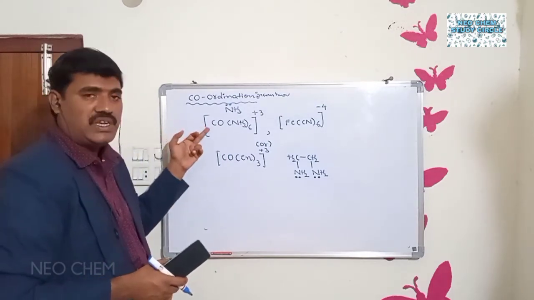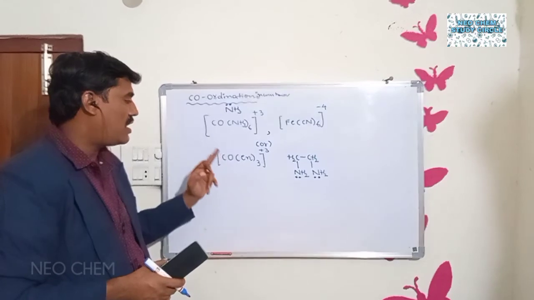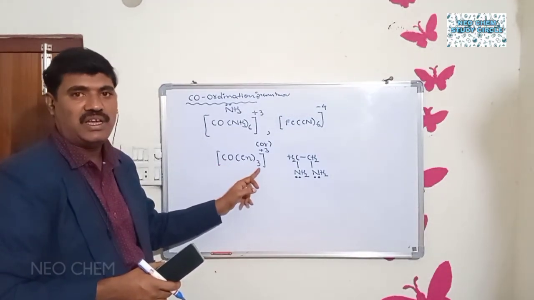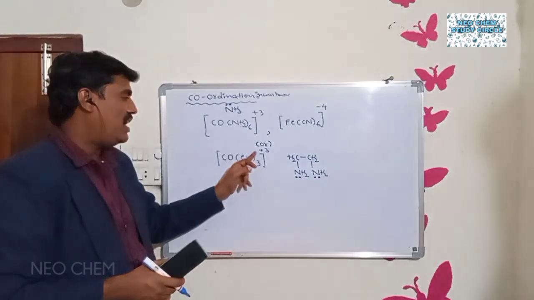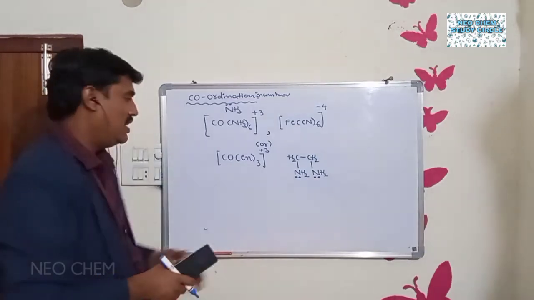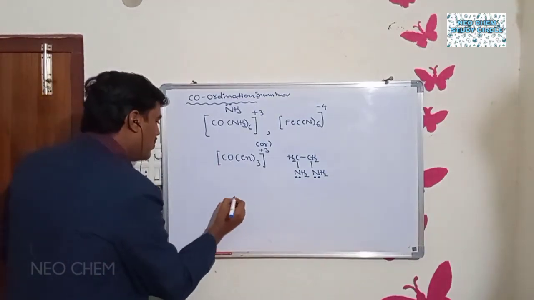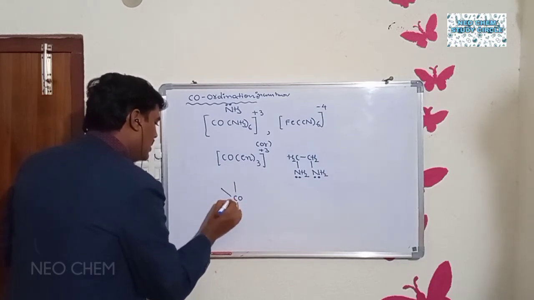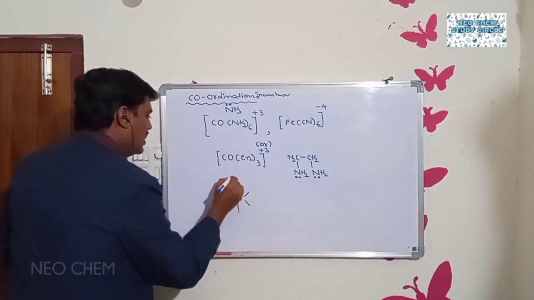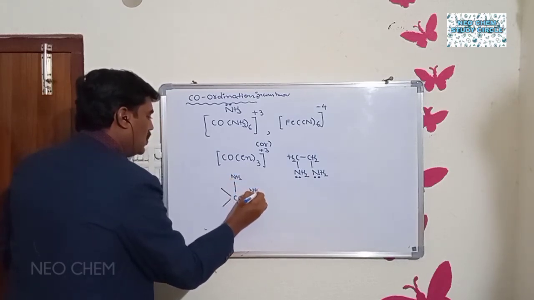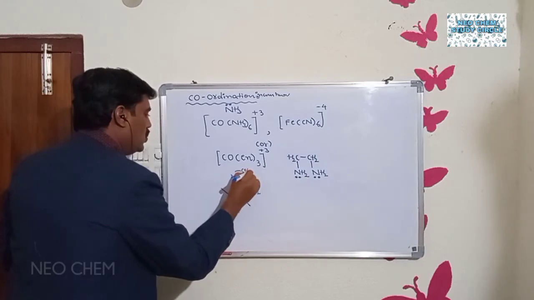According to the first definition, the coordination number of this complex compound should be how much? Only 3. But in each ethylene diamine ligand, there are 2 electron donor atoms. If you write the structure of this complex compound like this, see here, NH2, NH2, CH2 single bond CH2.